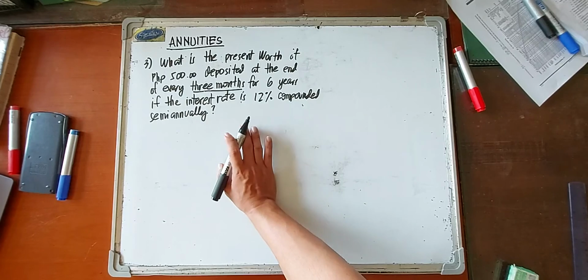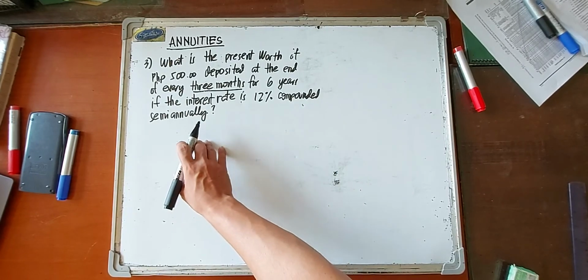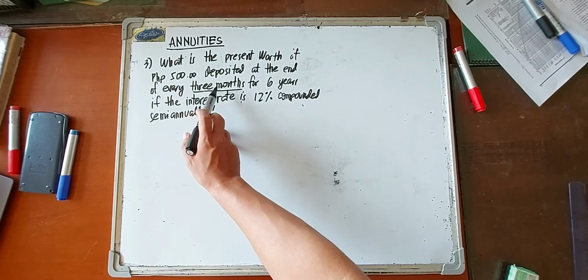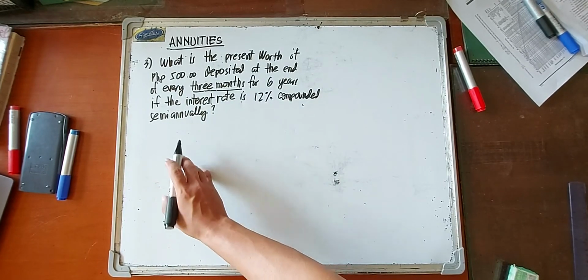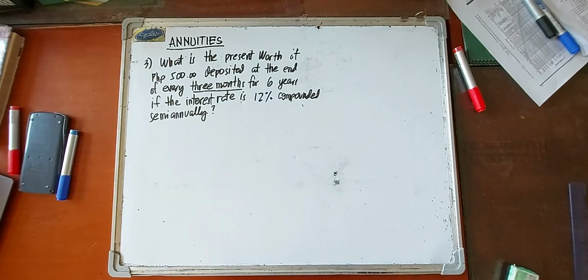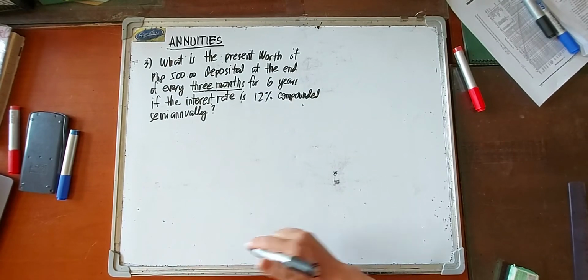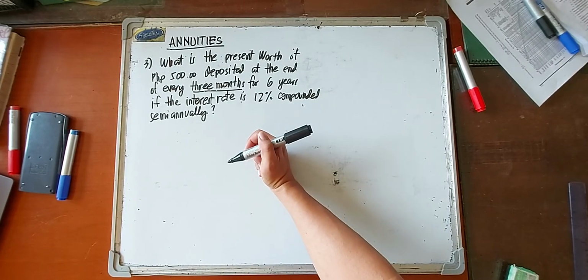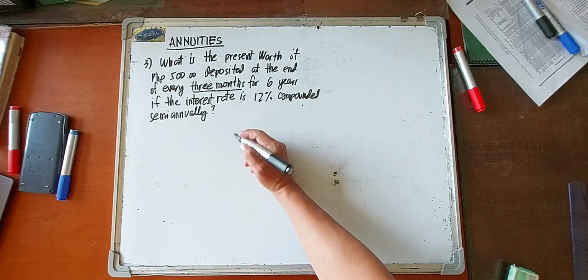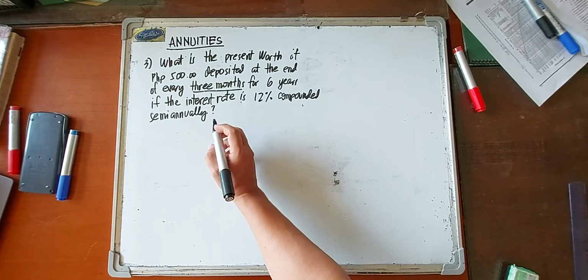Okay, so 12% compounded semi-annually. So let's try to solve first for the interest rate quarterly before we can solve for the present worth of 500 pesos deposited every 3 months or quarterly for 6 years. So solve muna natin yung interest rate quarterly. So let's equate yung effective rate.